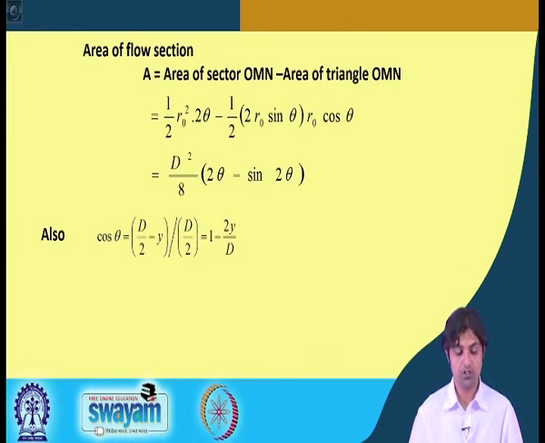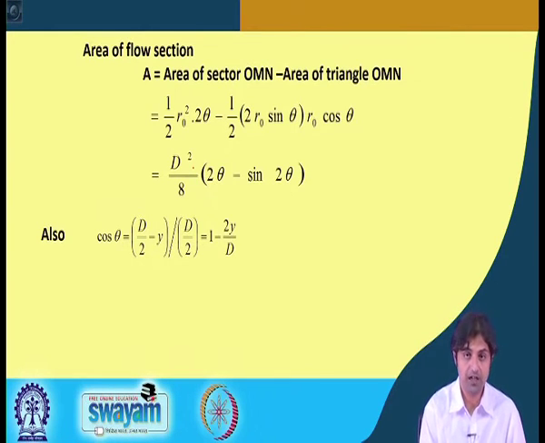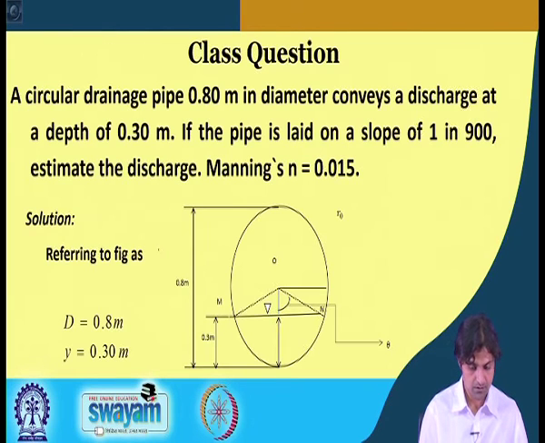Also, we know that cos theta can be written in terms of d and y, where d is the diameter. Here we used r naught, but finally we have turned this into diameter d. Cos theta is simply (d by 2 minus y) divided by d by 2.